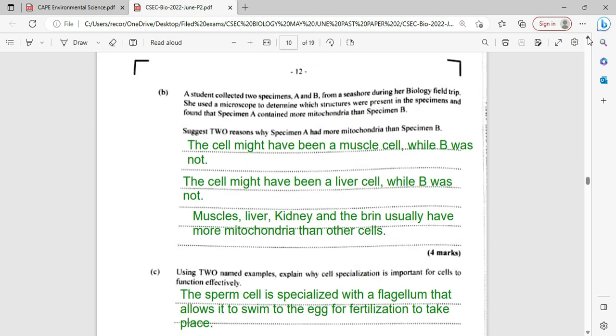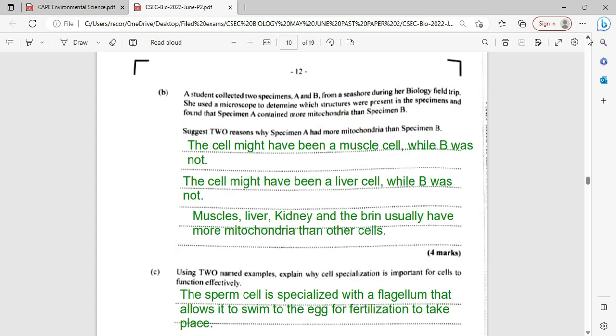A student collected 2 specimens, A and B, from a seashore during her biology field trip. She used a microscope to determine which structures were present in the specimens and found that specimen A contained more mitochondria than specimen B. To start, this is a repeated question.